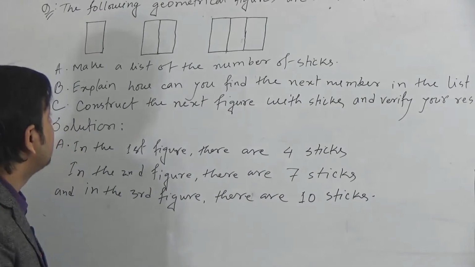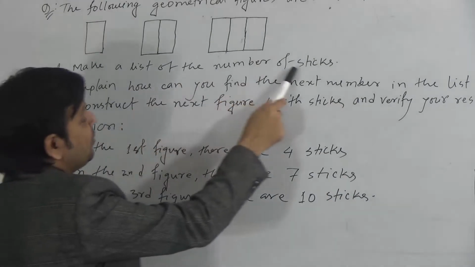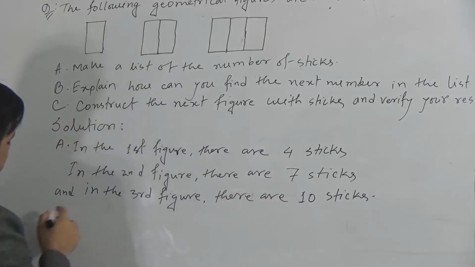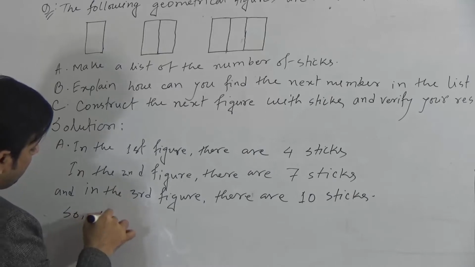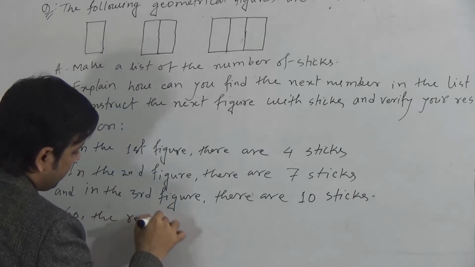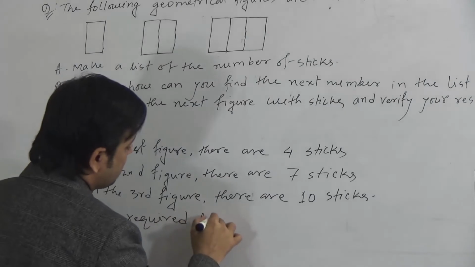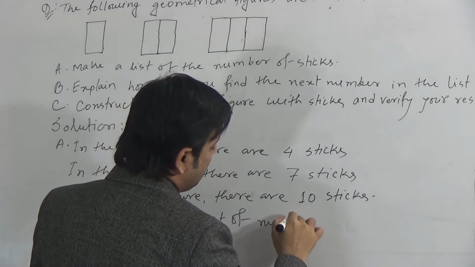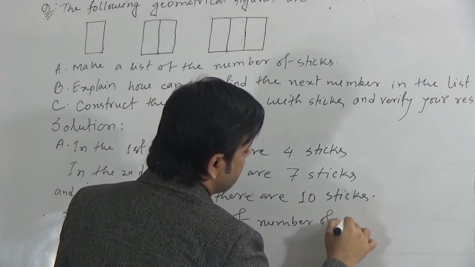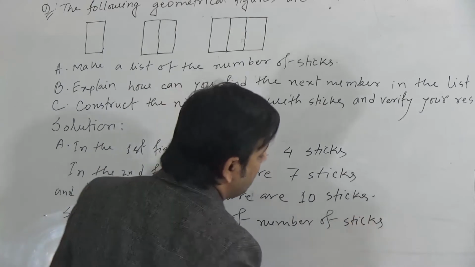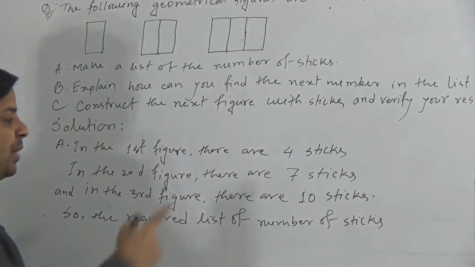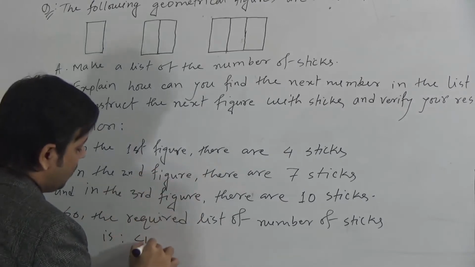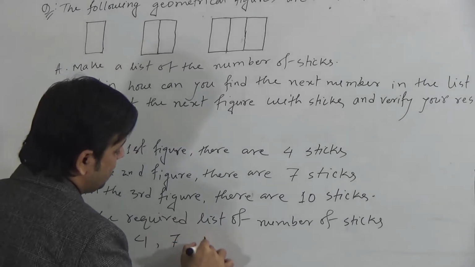So we can say the list of the number of sticks will be 4, 7 and 10. So the required list of number of sticks is, we can write the list now, that is 4, 7 and 10.